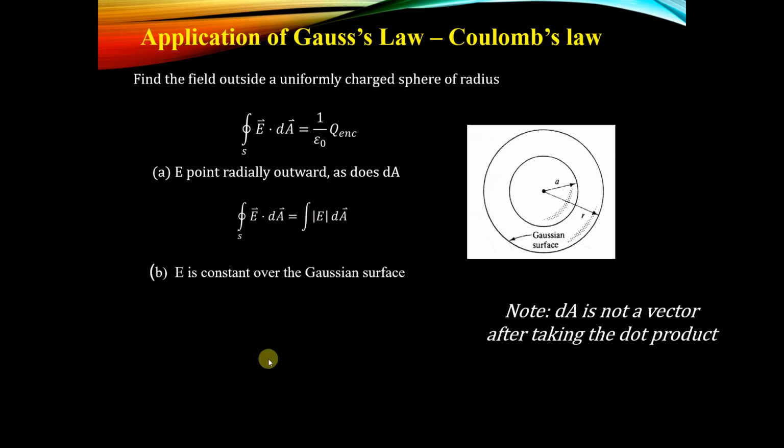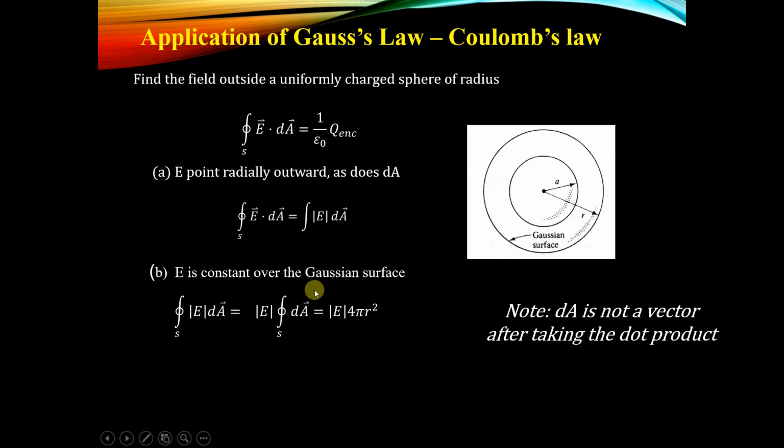Now if the field is constant over this entire Gaussian surface, we just mentioned that it's a uniformly charged sphere. If we consider that the electric field is constant over this Gaussian surface, then we can write closed integral E into dA as, I take out the magnitude of the electric field outside, since it is constant, and I just get the integral dA.